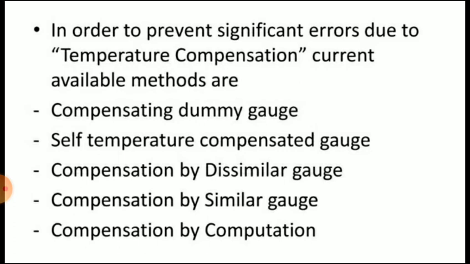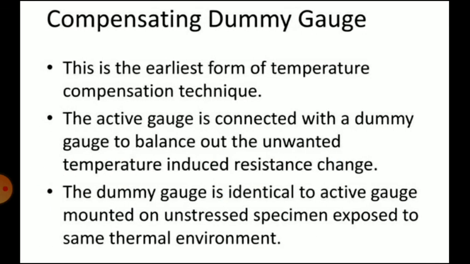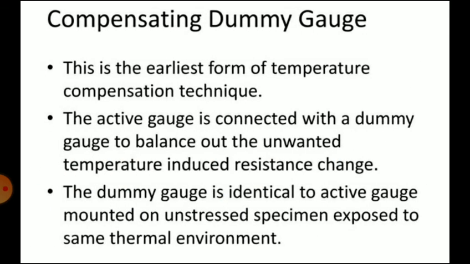So the first category in temperature compensation techniques is the temperature compensation and cancellation techniques. In this technique, the compensation may be provided by, first, use of adjacent arm balancing or compensating gauge. So the first category is adjacent arm compensating gauge.